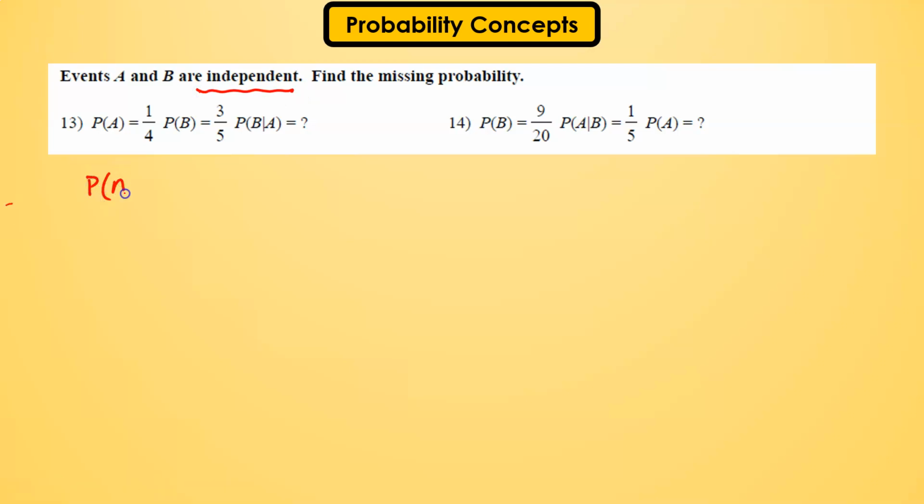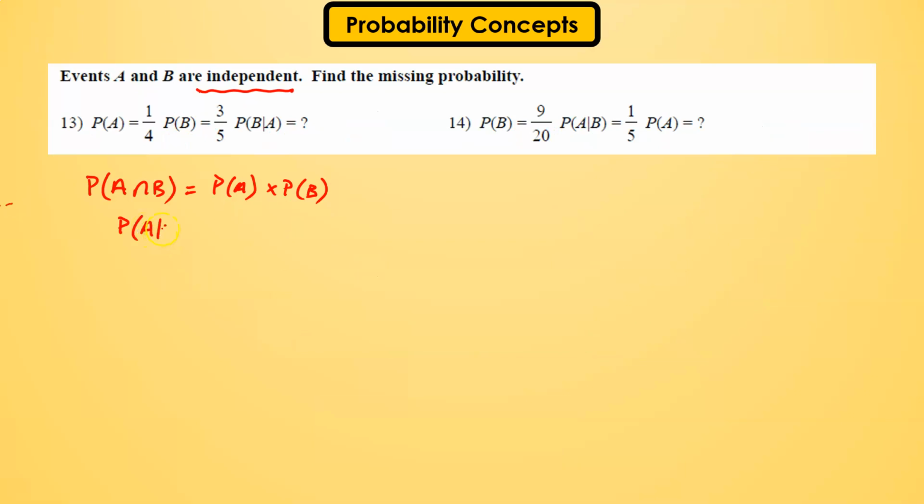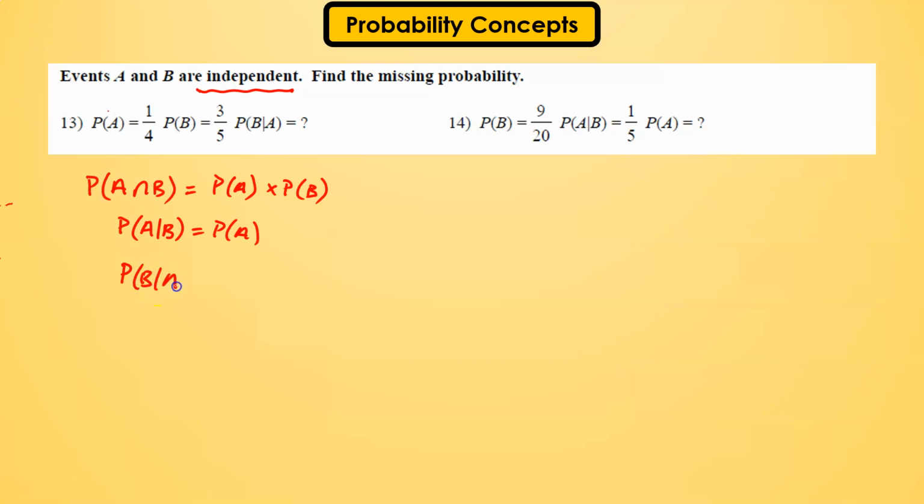Independent means that the probability of A and B is equal to the probability of A times the probability of B, and also that the probability of A given B is equal to the probability of A. Looking at the question, the top one's not going to help us, but we're looking for the probability of B given A. Using this formula, the probability of B given A should equal the probability of B, which is equal to 3/5.